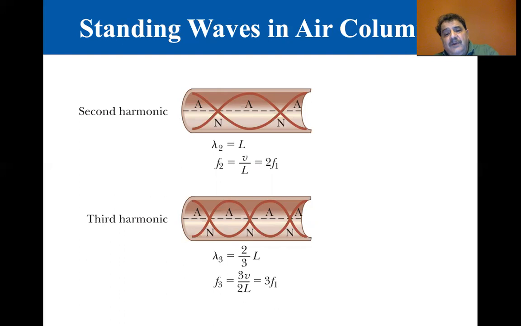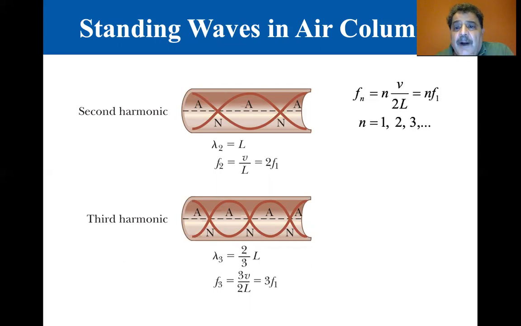There's 1, 2, 3, 4 quarter waves. So F2 is equal to V over L, which is equal to 2 F1. The third harmonic, lambda 3 is equal to 2/3 L. So F3 is equal to 3/2 V over L, which is equal to 3 F1. It's 3 times the fundamental.